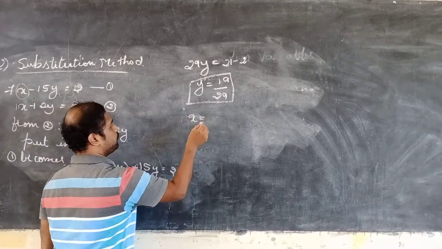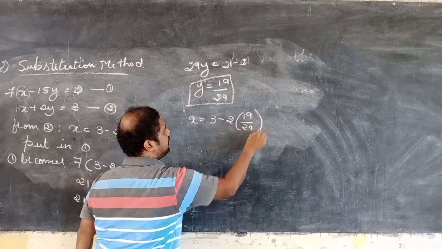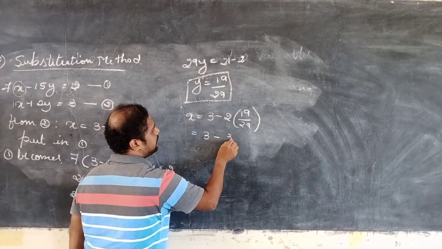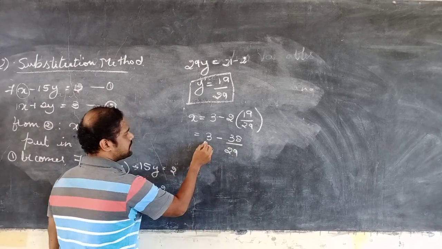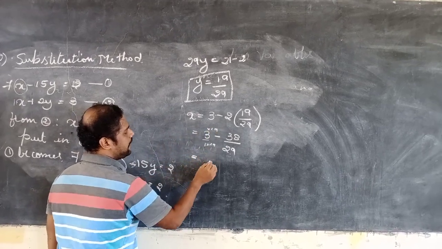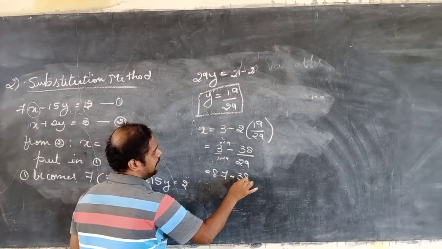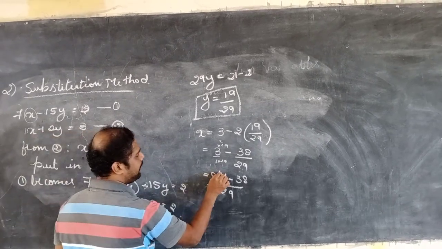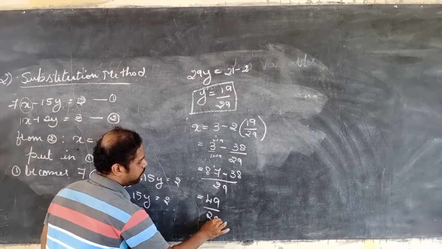Therefore, x is equal to 3 minus 2 into 19 by 29, that is 3 minus 38 divided by 29. Take the LCM, 29: 3 into 29 is 87, and 87 minus 38 divided by 29. This value will be 49 by 29.